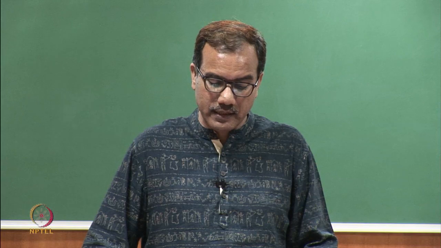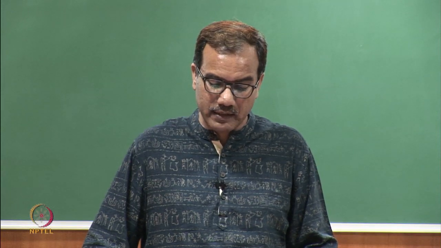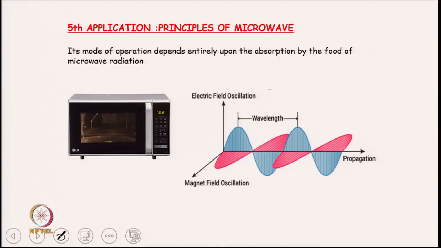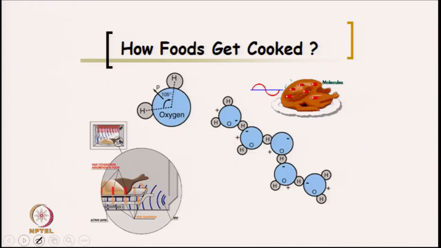Another application, which is a well known application, is the microwave. Its mode of operation depends entirely upon the absorption of microwave radiation by the food. So, how food gets cooked is like this. Microwave radiation is absorbed by water molecules.